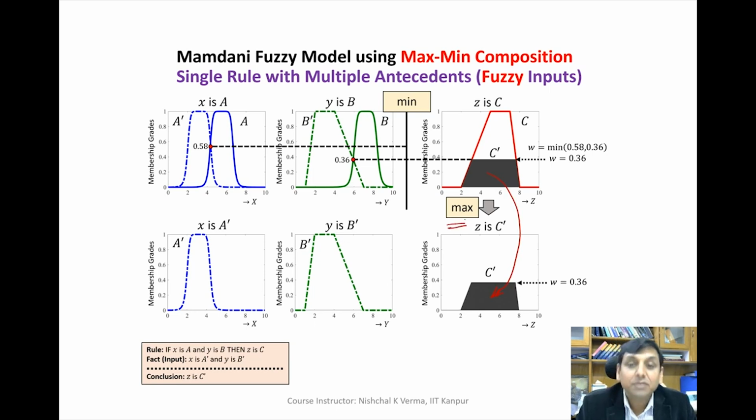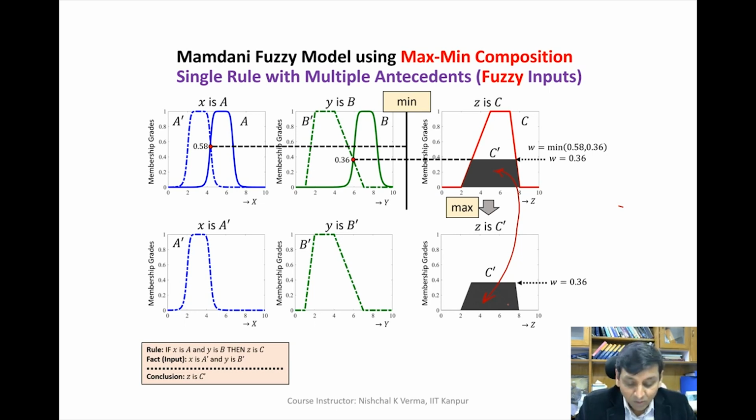Since we are using max min composition, max is not really applicable because we have a single rule, so the output is single. The max gives us the same thing, whatever is here comes as the output. This way, in the second scenario, we get the output.